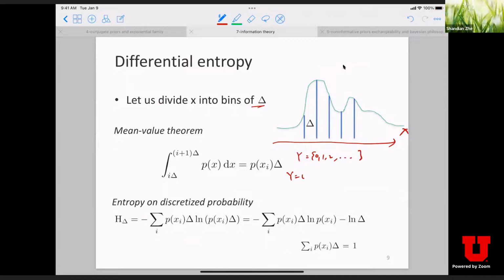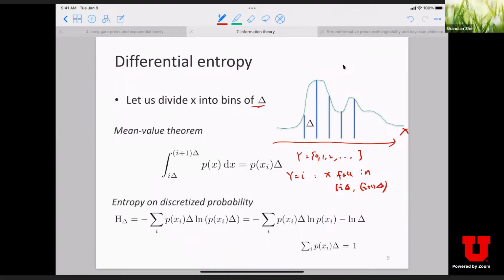So P(y = i) just means x falls in the region i delta to (i+1) delta.